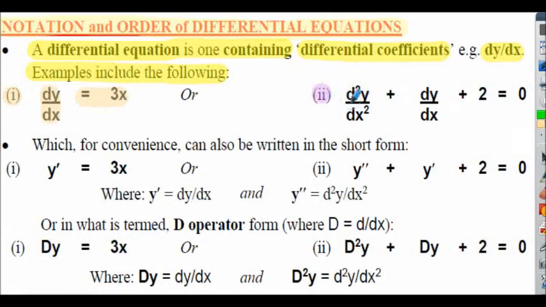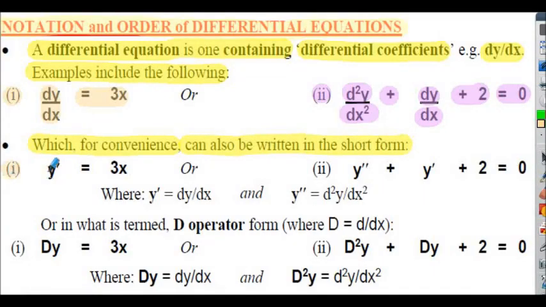Item 2 here, d2y by dx squared plus dy by dx plus 2 is equal to 0, which for convenience can also be written in the short form as, for item 1, y dash is equal to 3x. For item 2, y double dash plus y dash plus 2 is equal to 0.